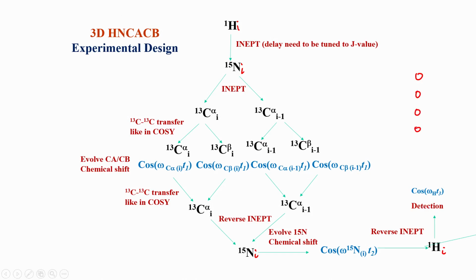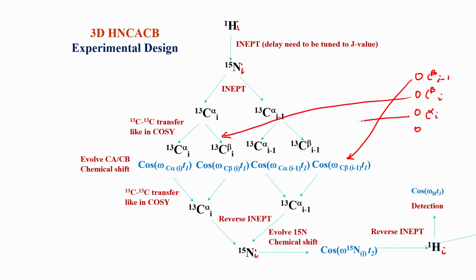Each peak is basically one pathway. Let us say if this is C beta I minus 1, this peak is coming from this pathway. If this is C beta I, this is coming from this pathway, and this is C alpha I, it is coming from this pathway, and C alpha I minus 1 comes from this pathway.